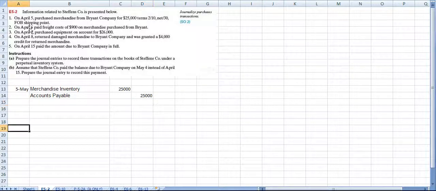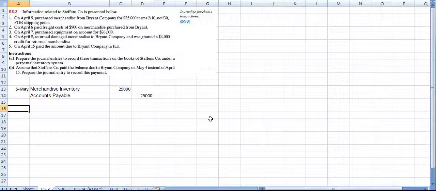The second one, April 6th, paid freight costs of $900 on merchandise purchased from Bryant. In this situation, say your company is going to sell merchandise to a consumer, and you pay the actual freight costs of purchasing it from your wholesaler, and you'll see these examples when you read the text. If you pay for the actual shipping, you're going to debit merchandise inventory as if it was part of the inventory, because it is a cost associated with that.